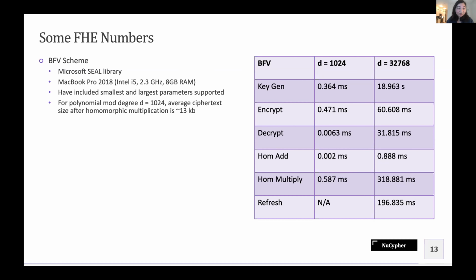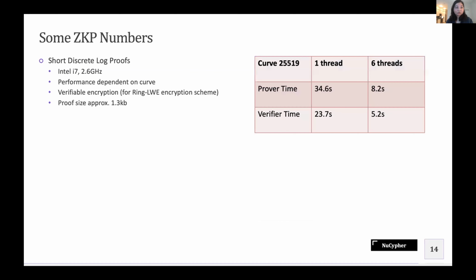As we noted before, there is an issue with ciphertext size. So, just getting a sense of how the ciphertexts grow and how large they are after you perform a homomorphic multiplication operation. For the smallest default parameter supported by SEAL's BFV, it's about 13 kilobytes, so decently large.